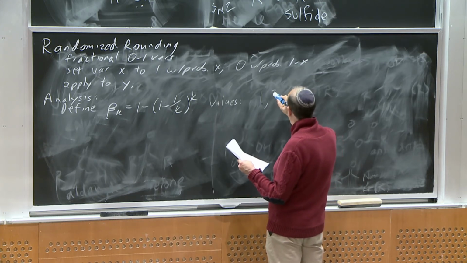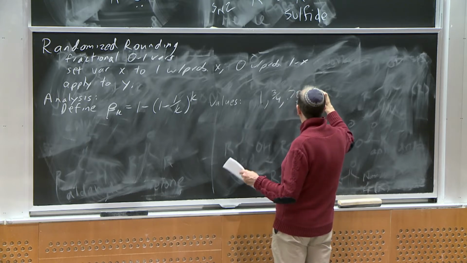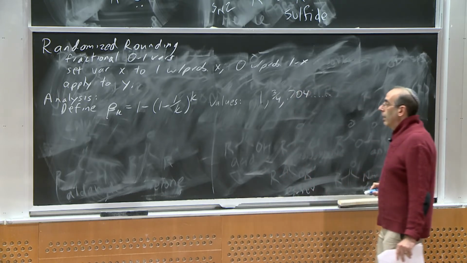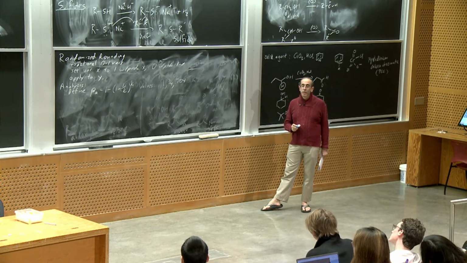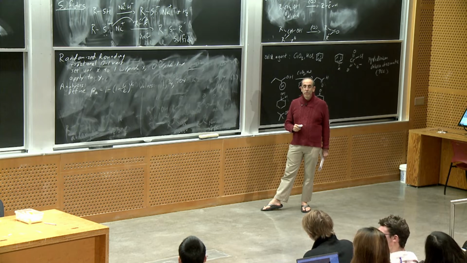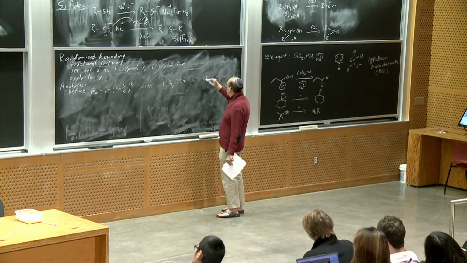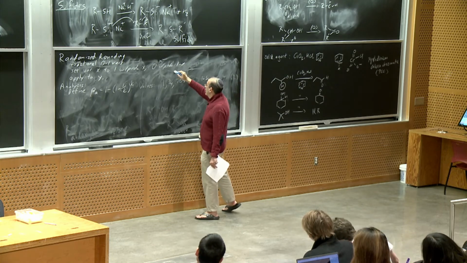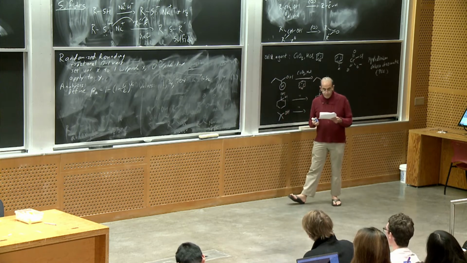Then you get 3/4. Then you get 0.704. And you keep going. As k gets bigger and bigger, what does this converge to? Exactly. So this is decreasing down to 1 minus 1 over e.